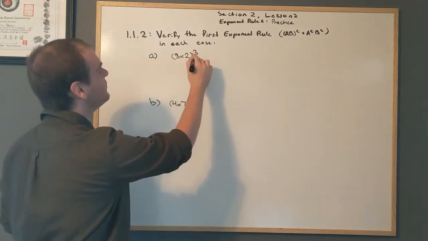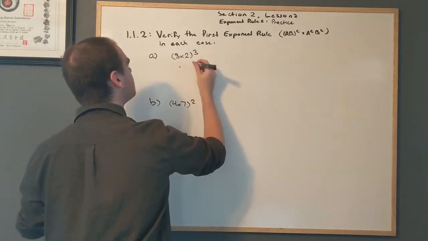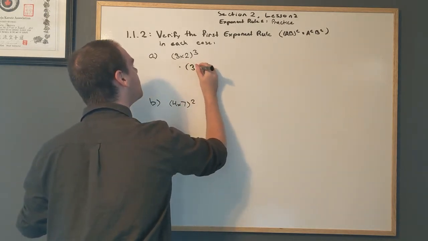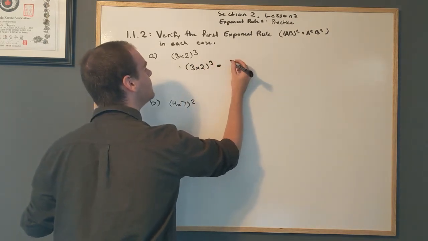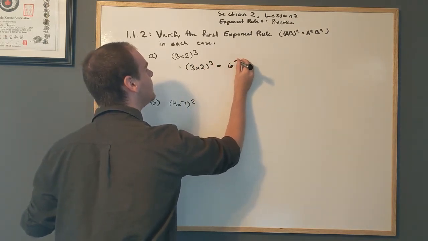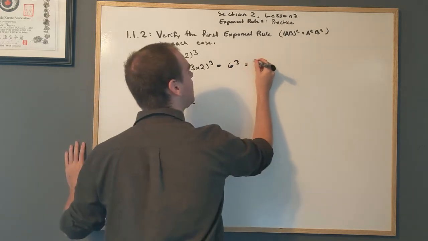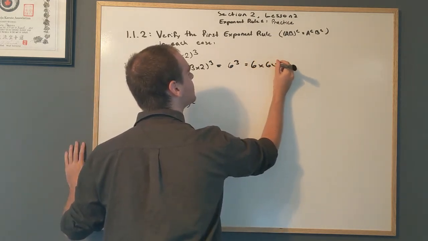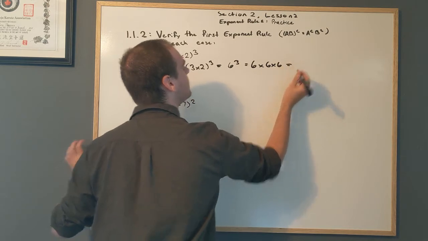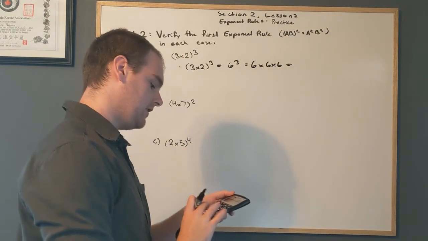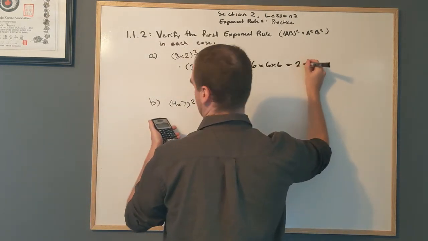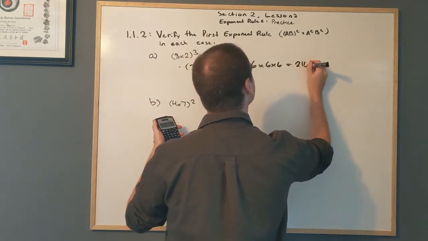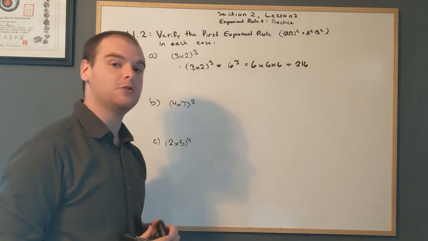So 3 times 2 to the power of 3. First, we're going to do 3 times 2 to the 3 is equal to 6 to the 3, which by our definition is 6 times 6 times 6, which, if we plug this into a calculator, is 216.